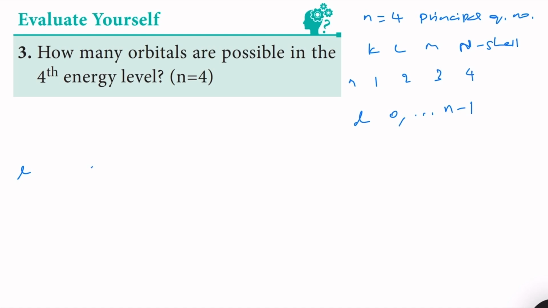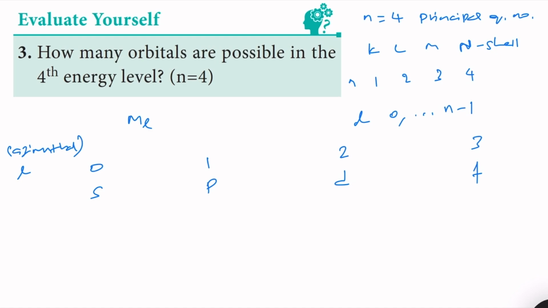L will be 0, 1, 2 and 3, and this means that S orbital, L equal to 0 means S orbital, L equal to 1 means P orbital, and L equal to 2 means D orbital, L equal to 3 means F orbital. And what will happen to the magnetic quantum number? So, we found the azimuthal quantum number, but what will happen to the magnetic quantum number?